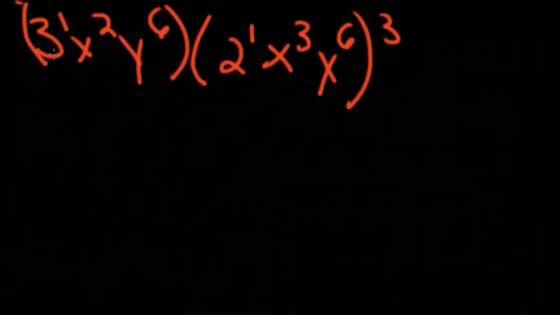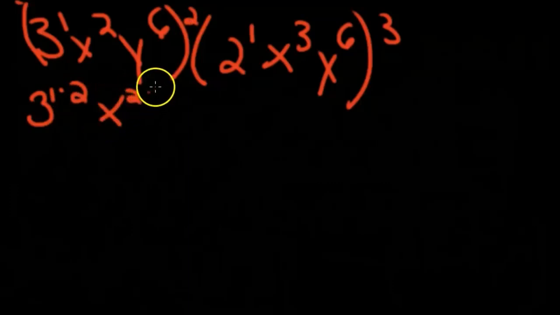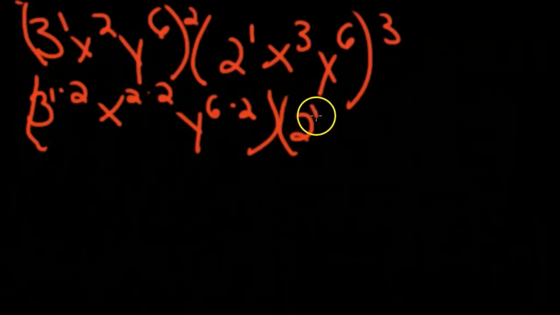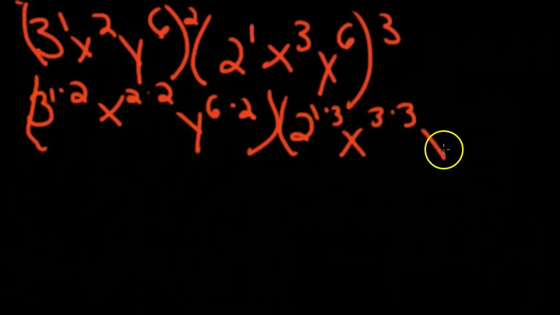Alright, we have 3... Oh, this should be the second. 3 to the 1 times 2, x to the 2 times 2, y to the 6th power times 2nd power, all in parentheses, then 2, 1 times 3, x 3 times 3, y 6 times 3.